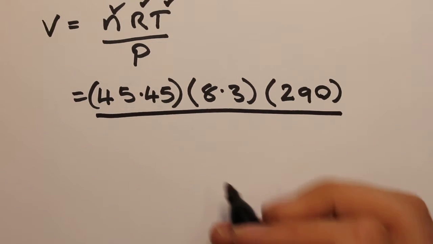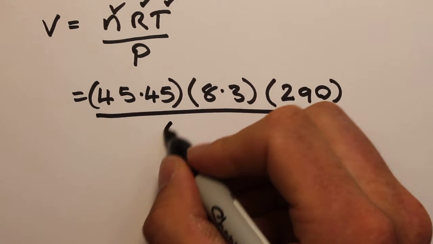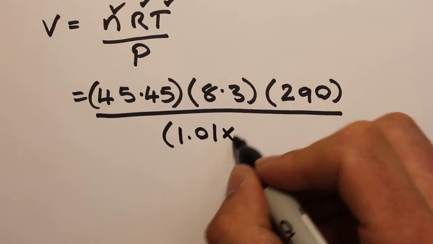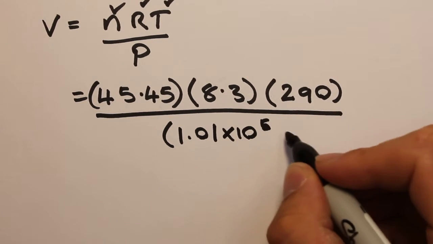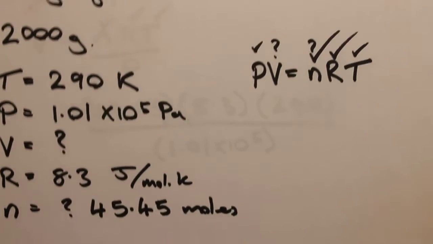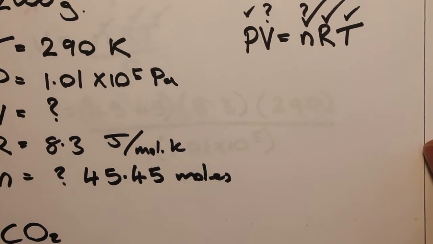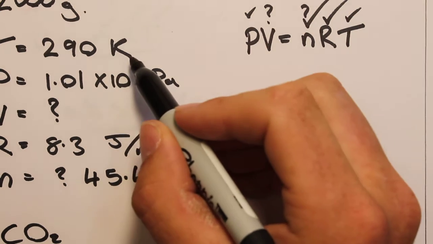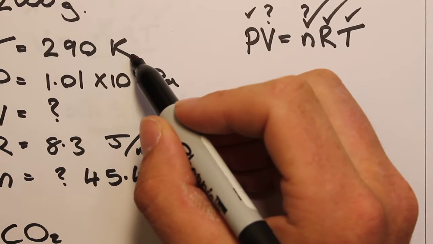All divided by our pressure, which was 1.01 by 10 to the 5 pascals. Now, the really important thing to remember when using this equation is the units that we're working in. We're given Kelvin, so we don't have to change that unit.